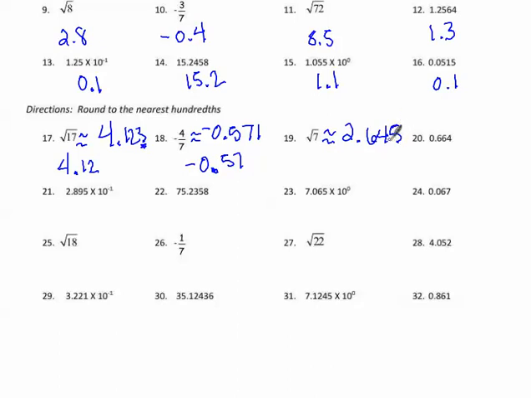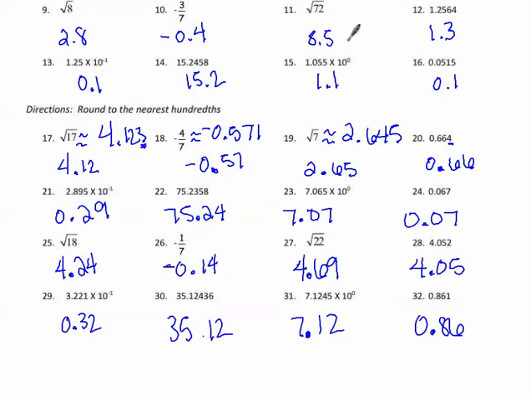So this is 5 or more, so I'm going to round up to 2 65/100. The thousandths place on number 20 is less than 5, so I'm going to keep my decimal at 66/100. Pause the video and try 21 through 32. Check your answers with the ones written below.